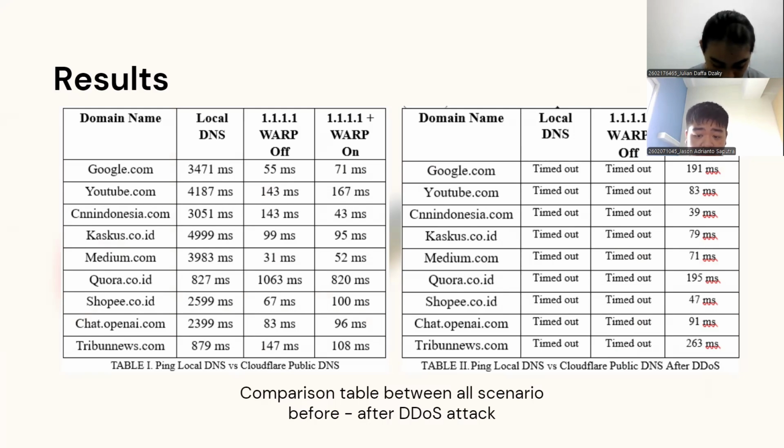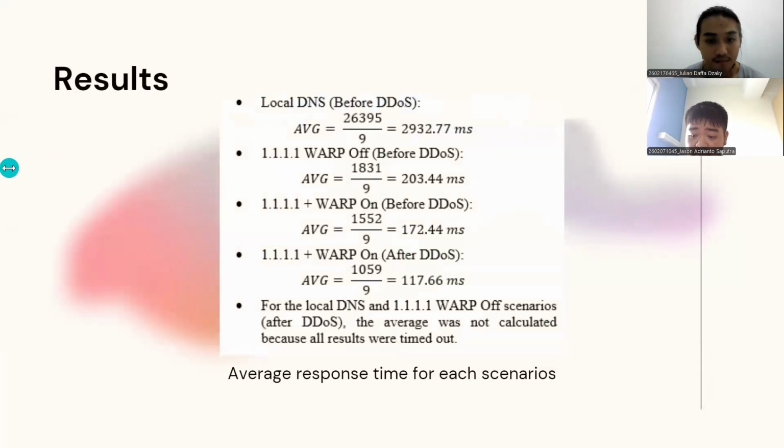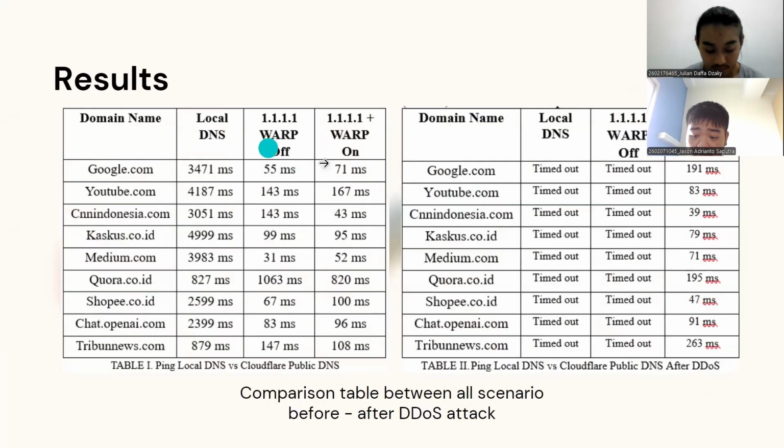The use of WARP together with Anycast routing in Cloudflare showed improvement in handling DDoS attack, with better response time than without WARP. The experiment showed a significant difference in the response time of the local DNS and Cloudflare's public DNS before and after the DDoS attack. Local DNS and Cloudflare without WARP experienced timeout, while Cloudflare with WARP continued to respond despite the increase in response time.